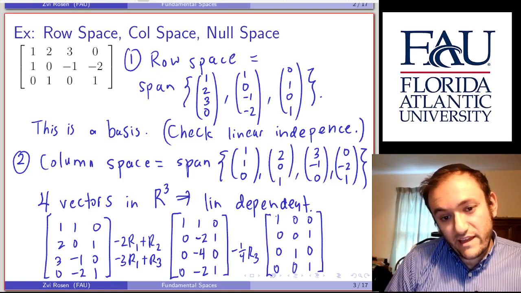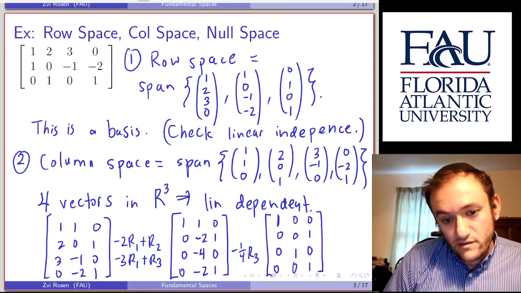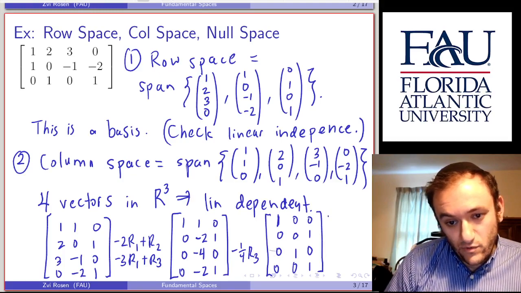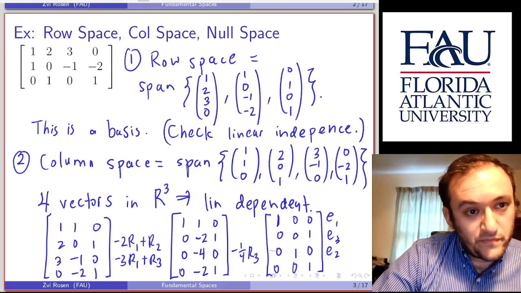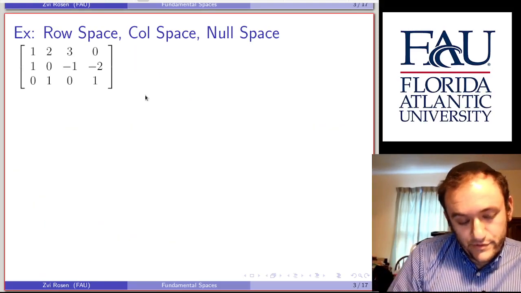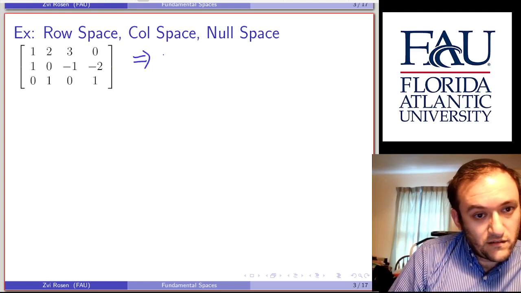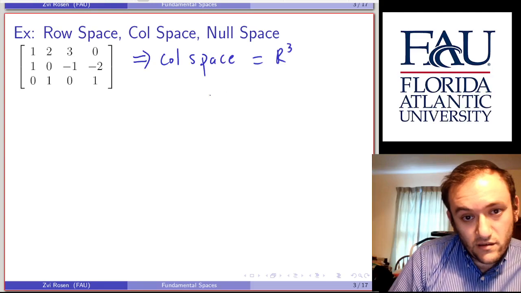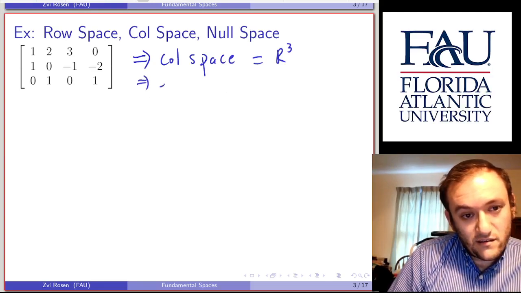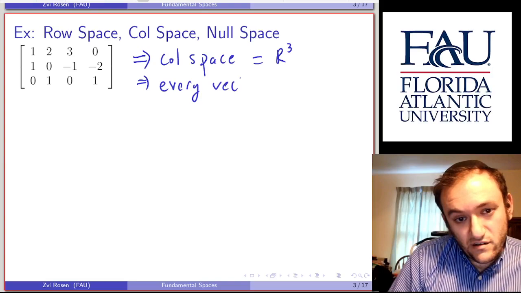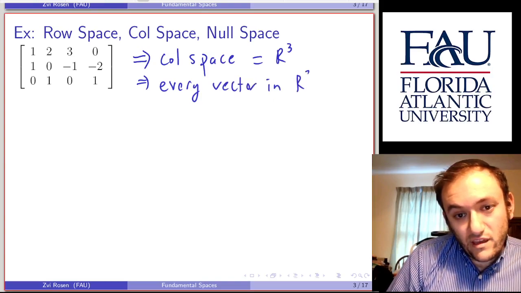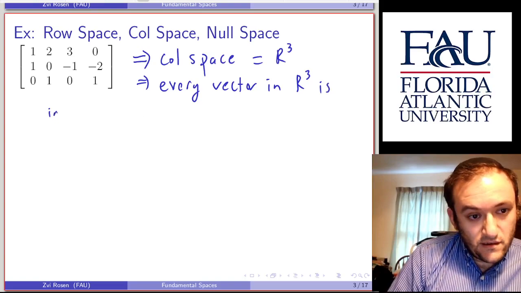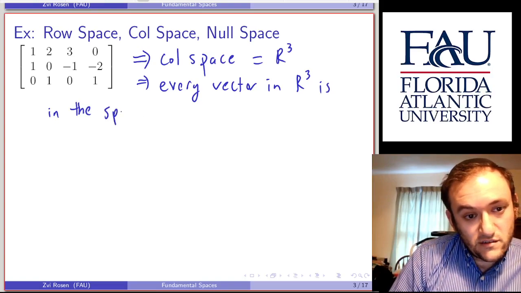So it's clear that we have the (1, 0, 0), (0, 1, 0) here. So this is our E1, this is our E2, and this is our E3. So that tells us that the column space is equal to the full R3, which means that every vector in R3 is in the span of the columns of our matrix.